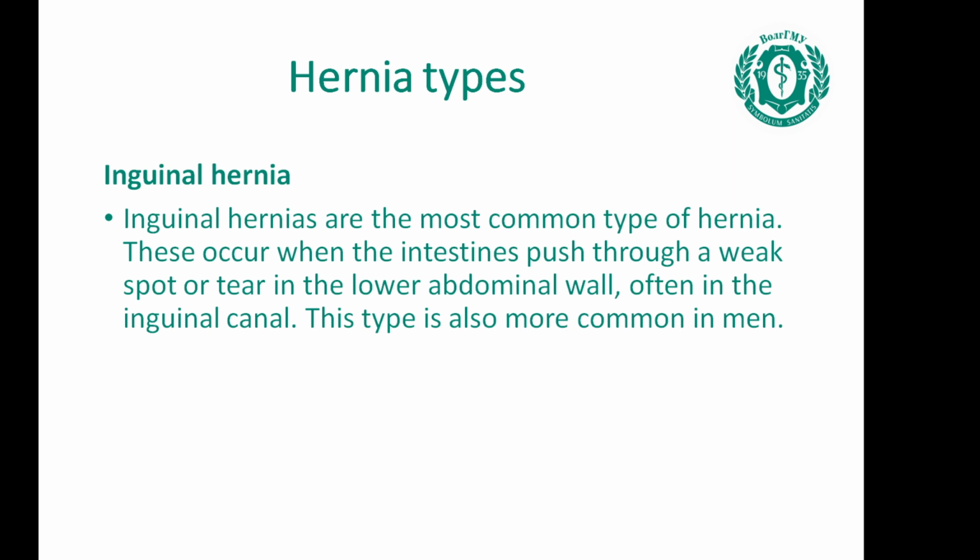Inguinal hernia. Inguinal hernias are the most common type of hernia. These occur when the tissue passes through a weak spot or tear in the lower abdominal wall, often in the inguinal canal. This type is also more common in men.